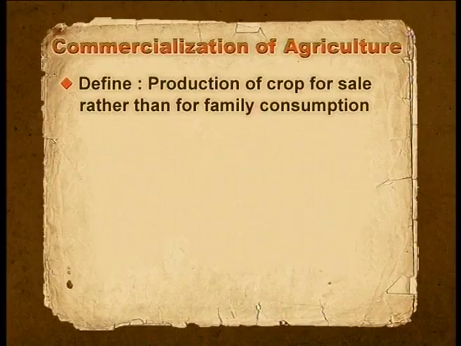As I was telling you, the consequences of British rule also brought about commercialization of agriculture. Before we can understand its consequences, let me give you in a nutshell what we mean by commercialization of agriculture. It is nothing but production of crops for sale rather than for family consumption.